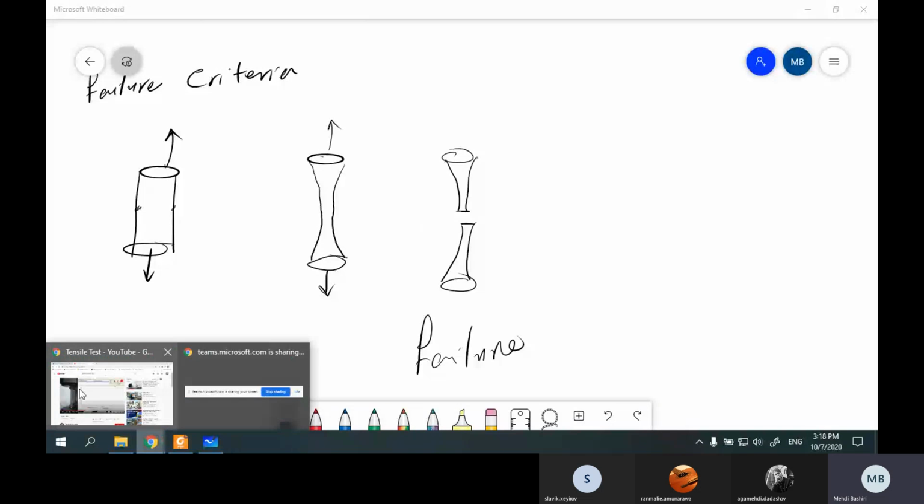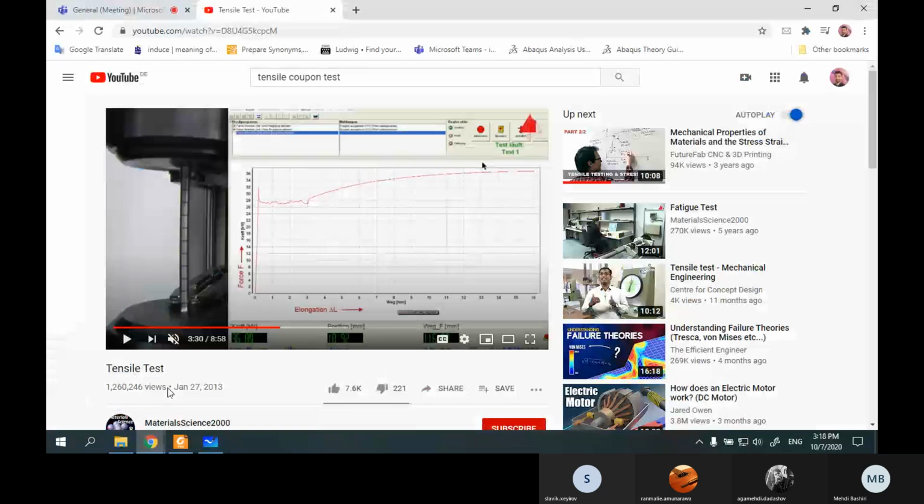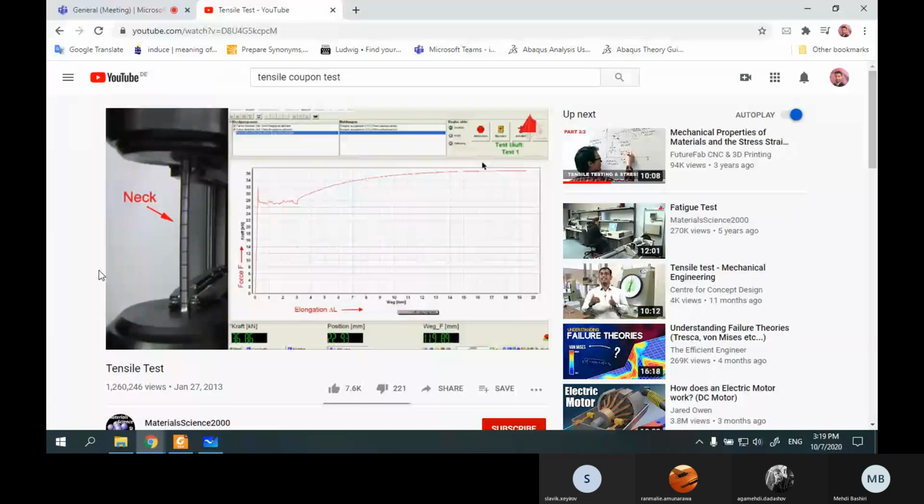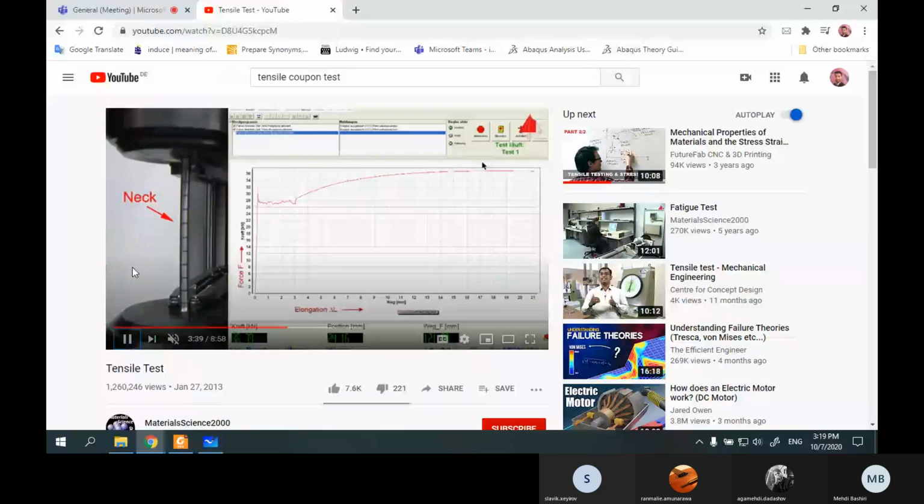Let's see here. You can see that in this test, we are increasing the loads at both ends. As I said, by increasing the force, we'll have a shape like this.